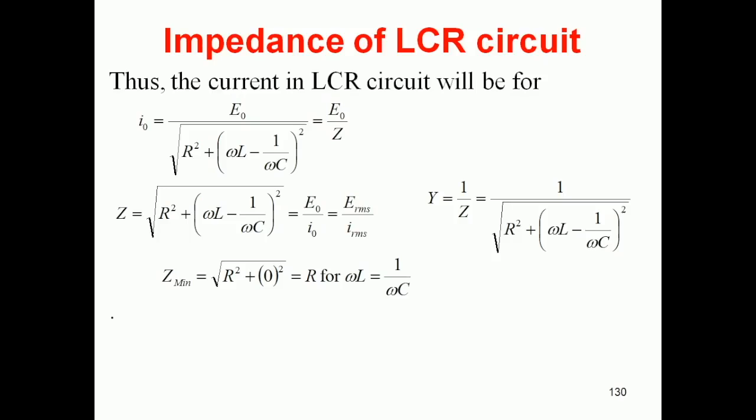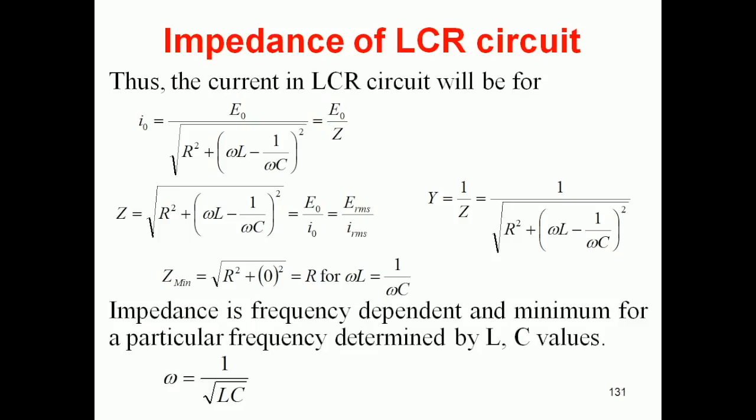So this reactance will be minimum when this bracket is 0, and this bracket will be 0 under the condition omega L is equal to 1 over omega C, and the minimum reactance will be simply R. Only pure resistance will take part in the reactance, and that is the static resistance of the circuit.